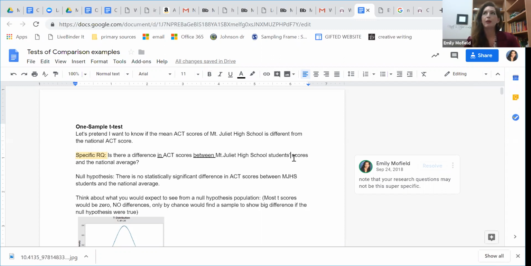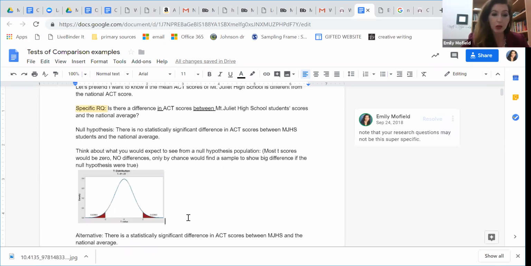If I'm going to make a null hypothesis for this, I'm going to say there's no statistically significant difference in the dependent variable, ACT scores, between Mount Juliet High School and the national average. So conceptually, what am I doing here?